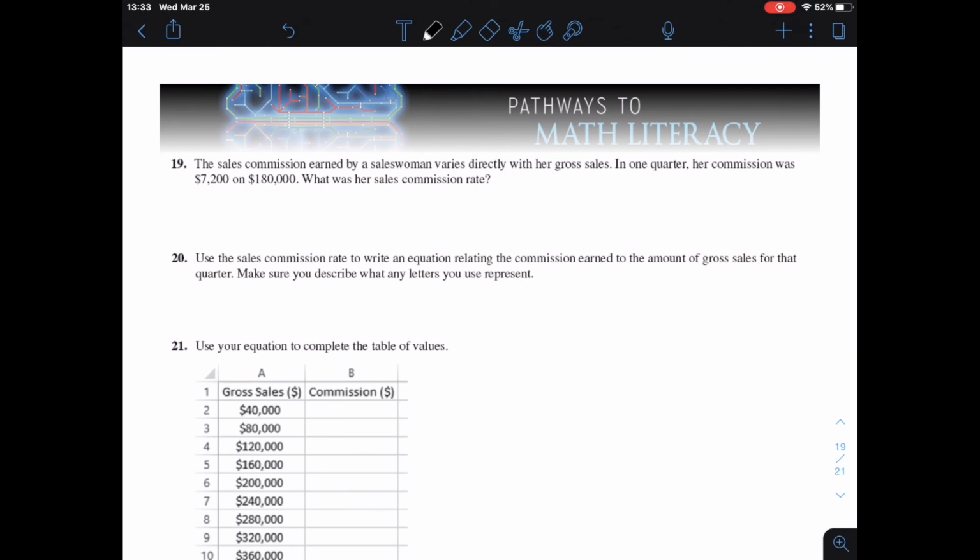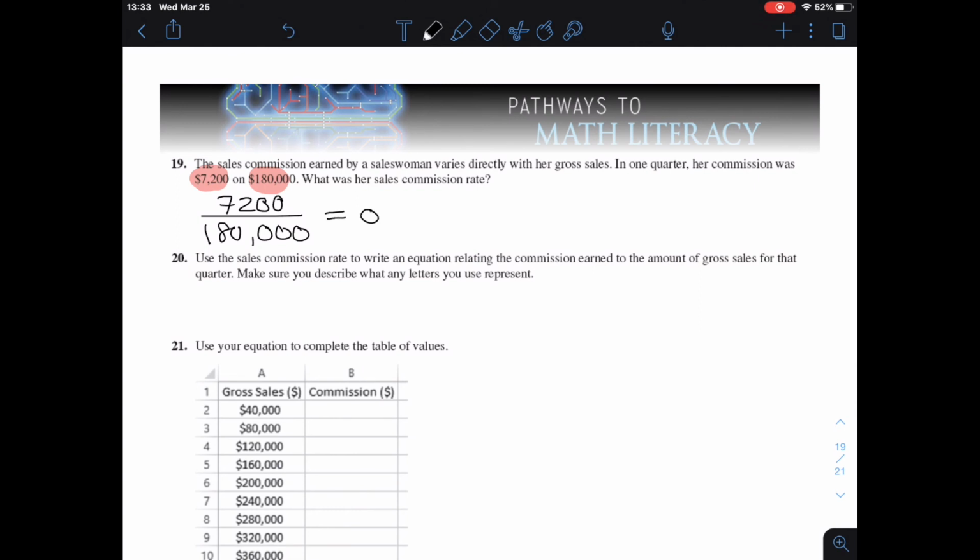So if we want to see her commission rate, we need to see how much is the $7,200. What percentage of 180,000 is that? So we're going to take this 7,200 and divide it by 180,000. So she made 7,200 out of the 180,000.